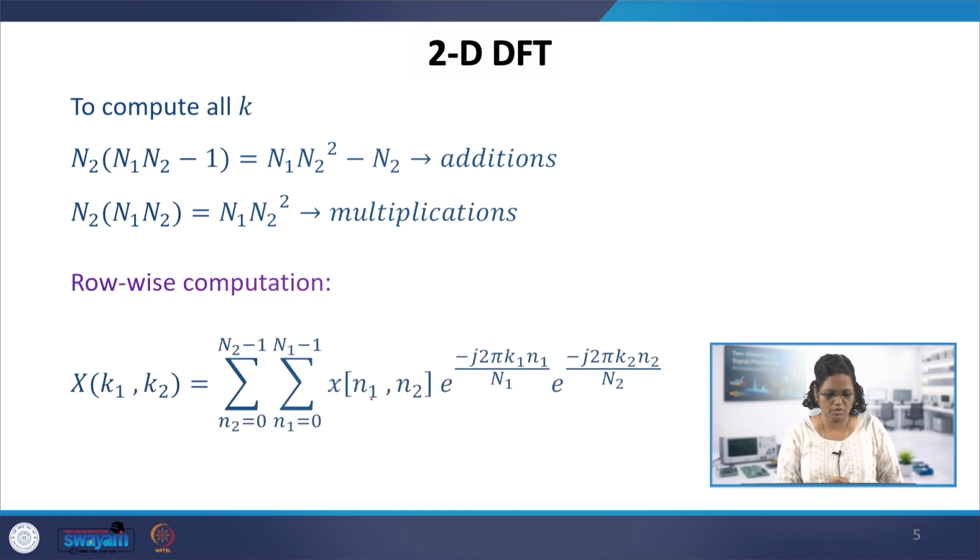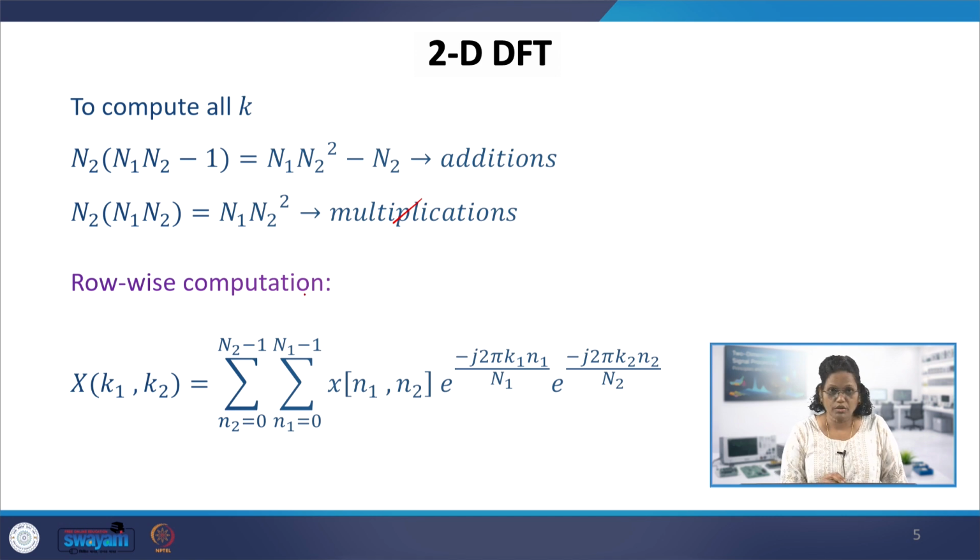How do we do the row-wise computation? This can be further extended to column-wise computation also. A similar idea of row-wise computation of 1D will be applied in the two-dimensional case, and it will be extended.